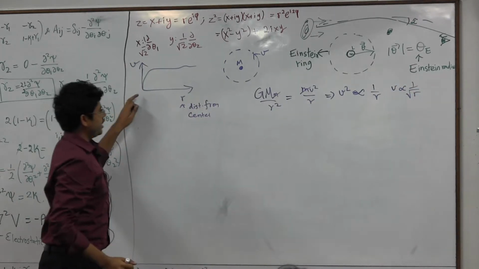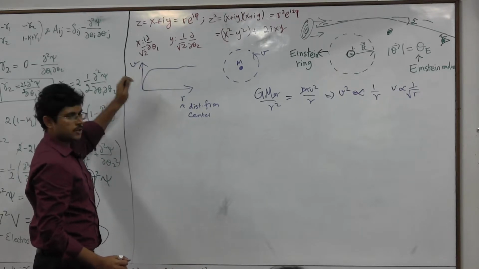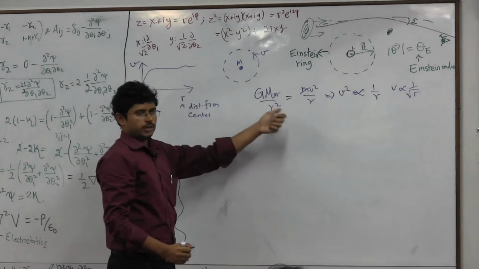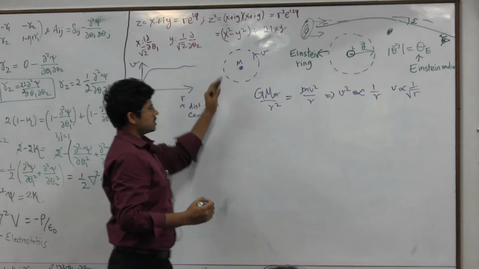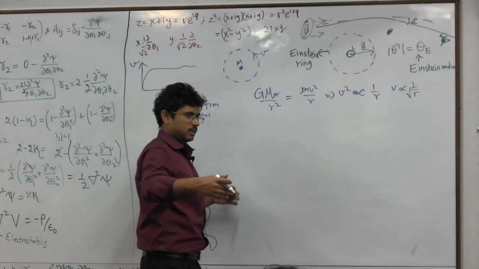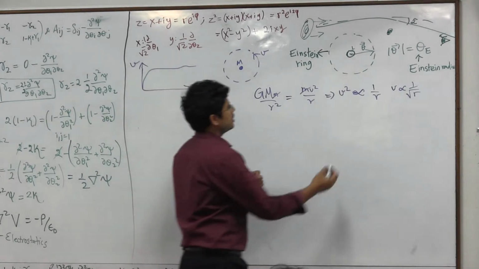This is what you would have expected if everything is concentrated at the center, but you don't get that. You get pretty much a constant to a very large distance, even outside, till the outermost star you can see.